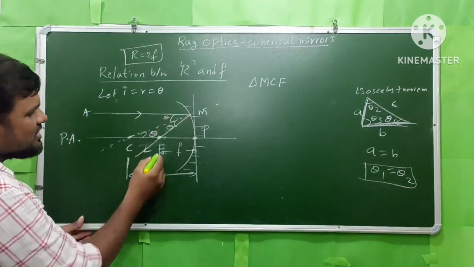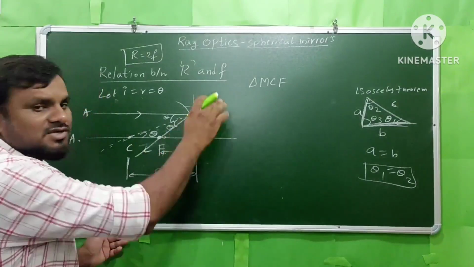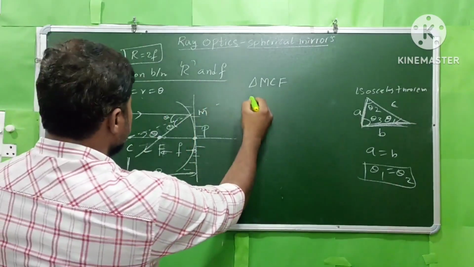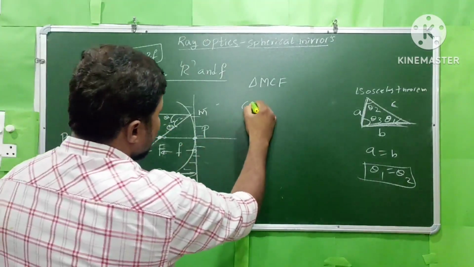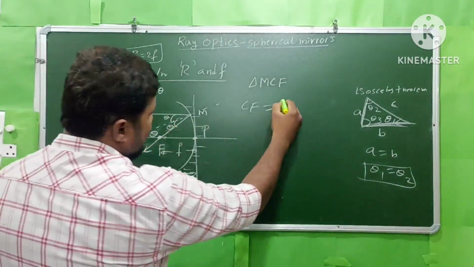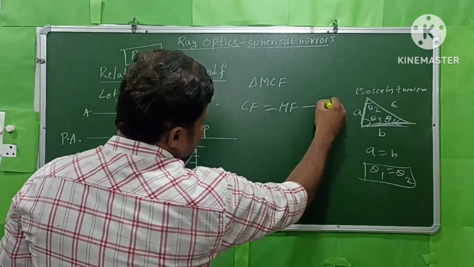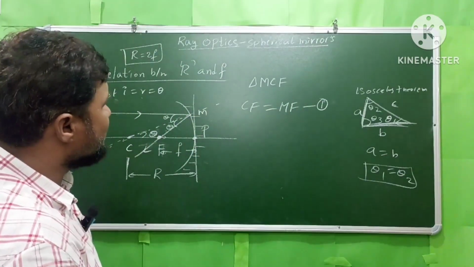From this triangle we can observe, since the thetas are equal, why don't we equate the sides also? For this theta the opposite side is CF, and for this theta the opposite side is MF. Remember equation number 1: CF is equal to MF.